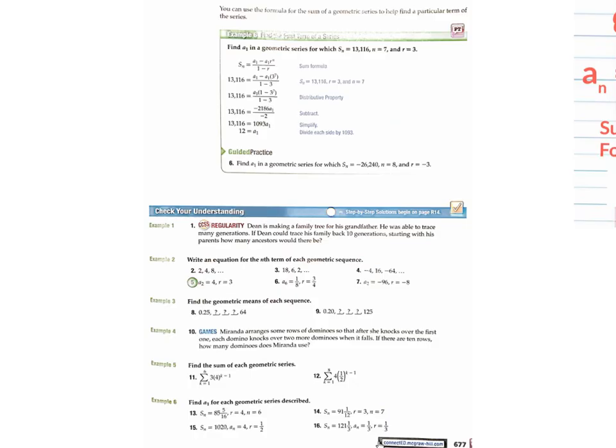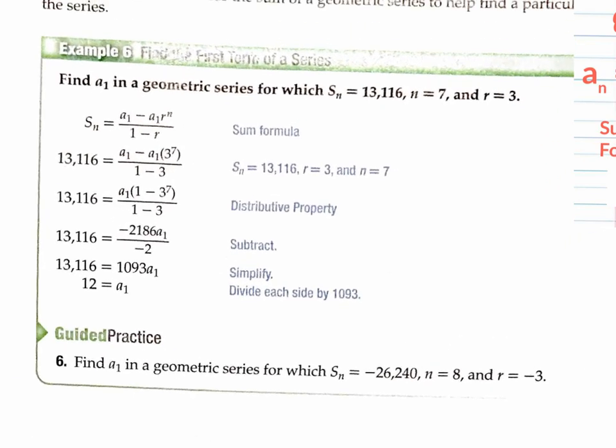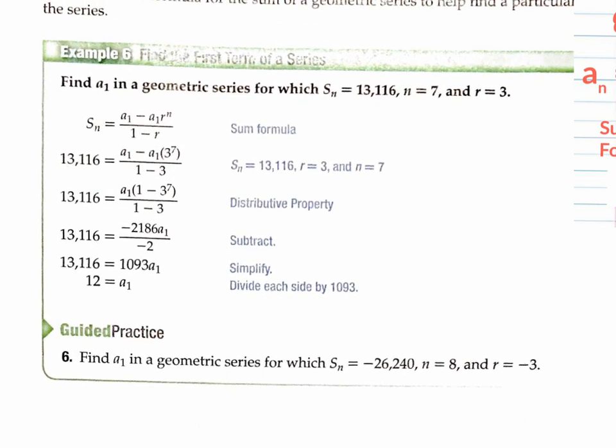Now, all questions are not going to be straightforward like that, where they say find the summation of these numbers, right? Sometimes they'll give you certain information and ask for other specific information. Kind of like example 6 right here, straight from the book. It says, find a sub 1.